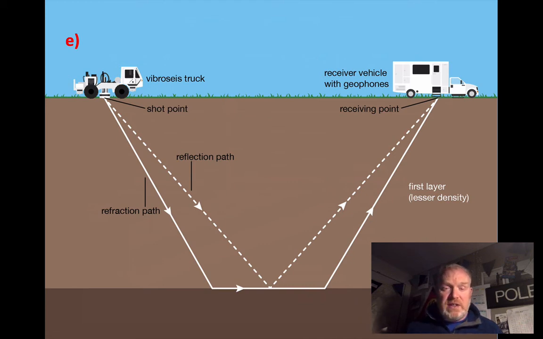We know how fast these things go, so we can then calculate the depth that these different layers are going to be at. With enough of these measured, we get a picture, an image, I suppose, in the seismic section of the structure of the geology underground. It's a very, very effective tool for locating geological structures.